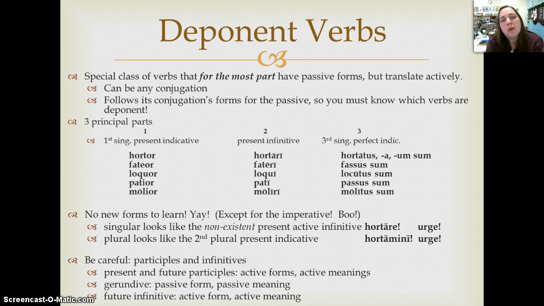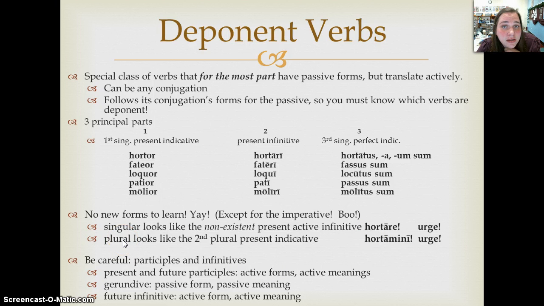So if this deponent verb were to have a present active infinitive, it would look like hortare, right? But of course it doesn't exist. So hortare instead is going to be the singular command, urge, okay?